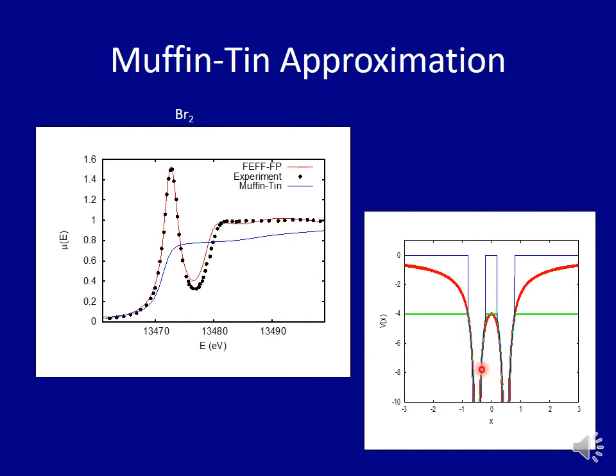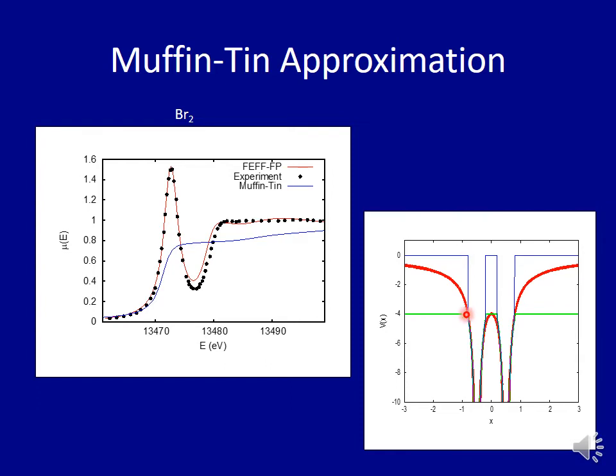If you imagine the absorbing atom is at about minus 0.5 here, then the potential around the absorbing atom is not symmetric at all. On the left side, it goes slowly up to 0, and on the right side, it only goes to minus 4 or so, right? And so on the left side, you have to choose an interstitial.